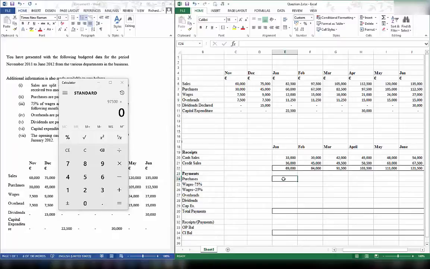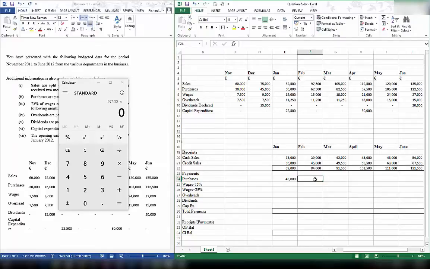So in January, we're paying for our purchases from the month previous. In December, we had purchases of 45,000. We're going to pay for those purchases in January, which means that our purchases in January are 45,000 coming from December.